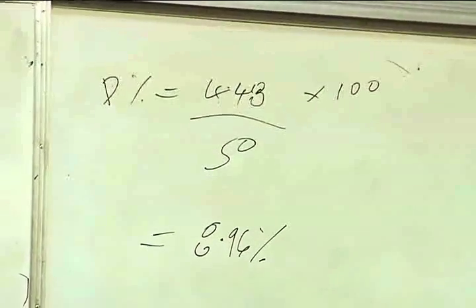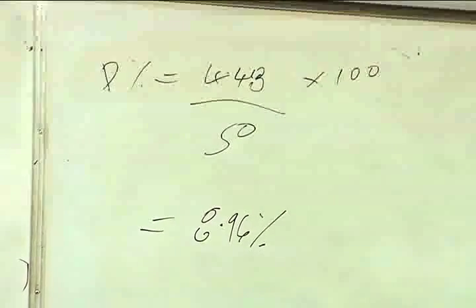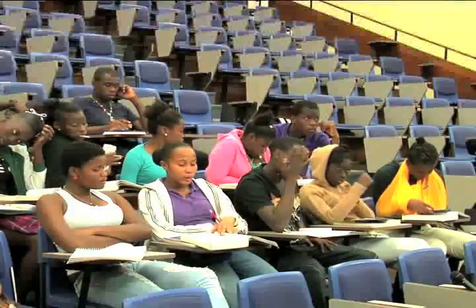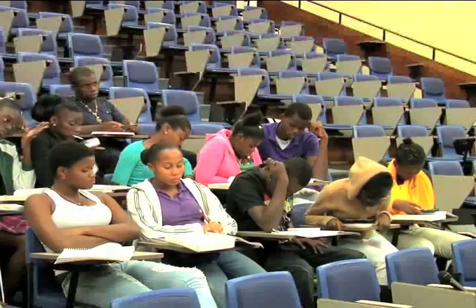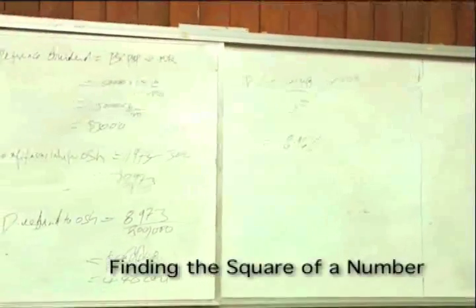All right. We're going to now look at square and square root. A number squared is simply multiplying it by itself.